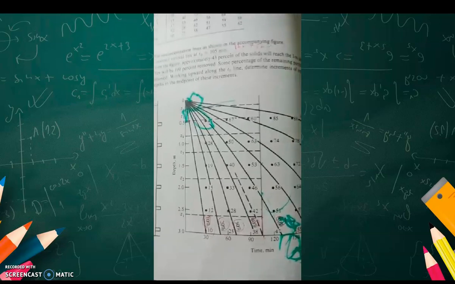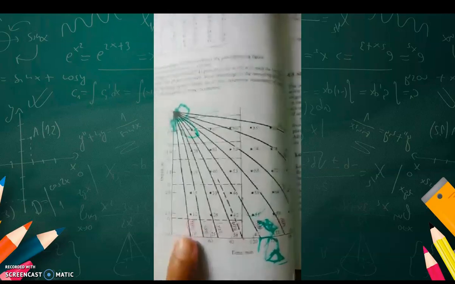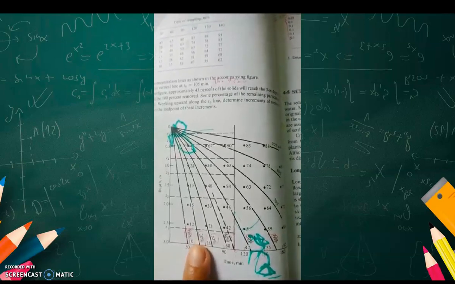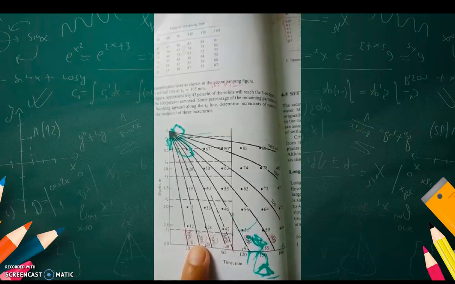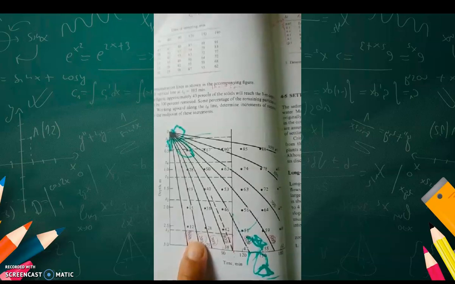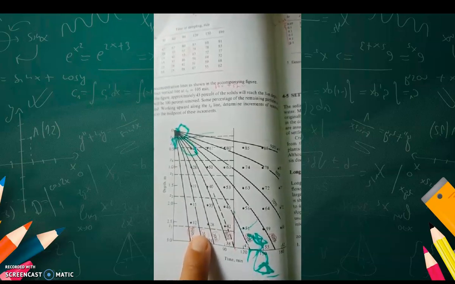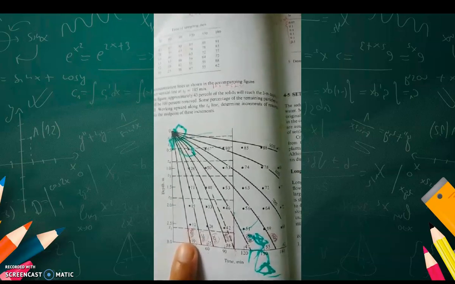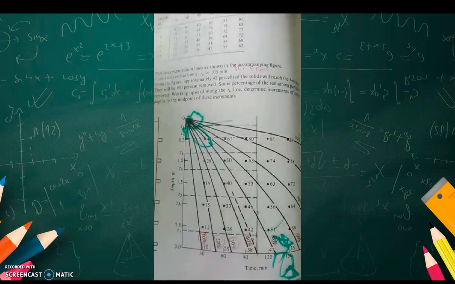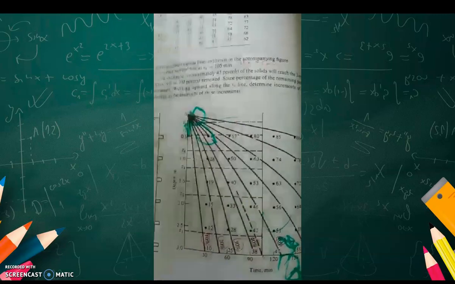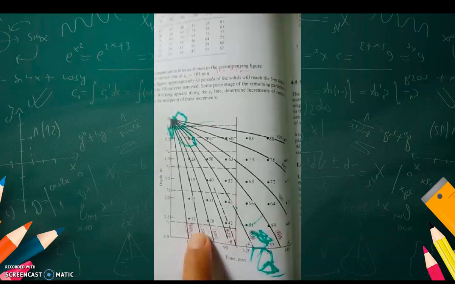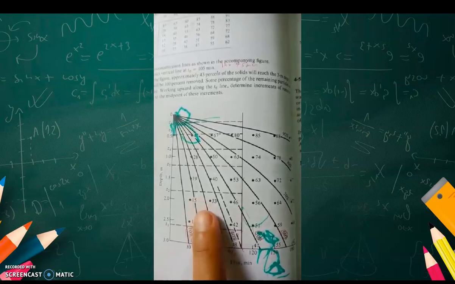So the point here at 60 would be 25. So your ISO removal line for 20% should be lesser than 25, right? 20. But it must be larger than 10 because this is actually your assumption. So that's why we get here. And then you prolong the line.